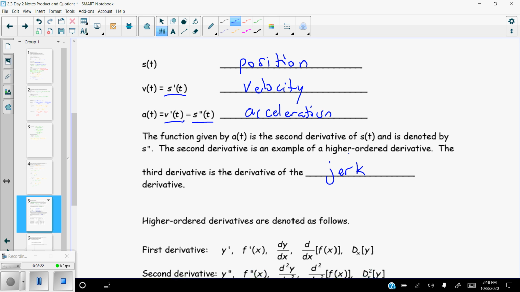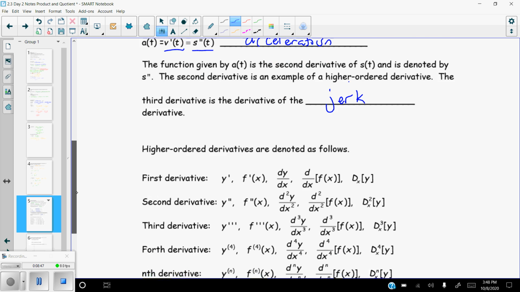Another place you might see jerk in action is if you've ever seen somebody parachute and you're watching them fall, as soon as the wind hits their parachute, they have this upward motion. It's taking the acceleration and jerking it back in the other direction. There are probably several other examples, but those are two of the easiest or most common ones I can think of.